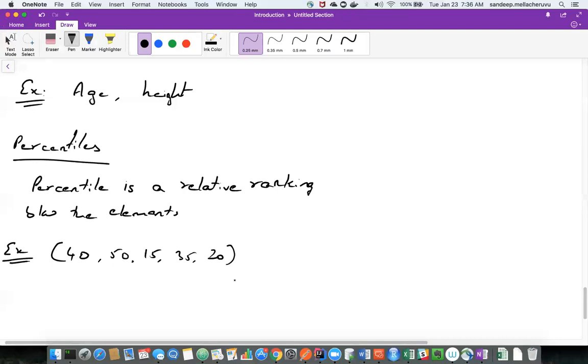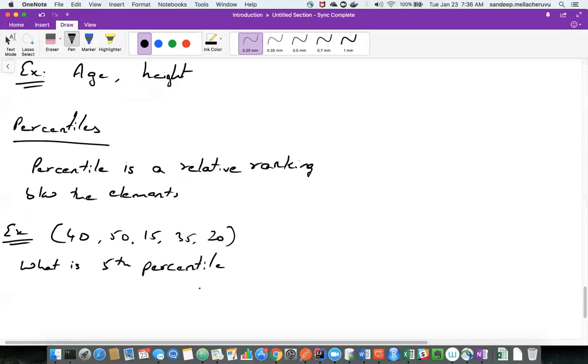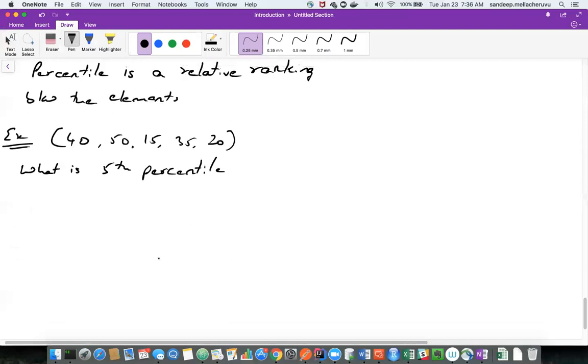We have 5 numbers, and the question is, what is, let's say, the 5th percentile. If this is the question and I want to get the 5th percentile in this list of values, I have a list of steps to follow.